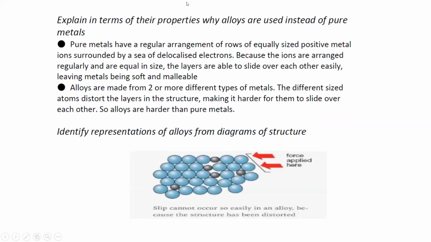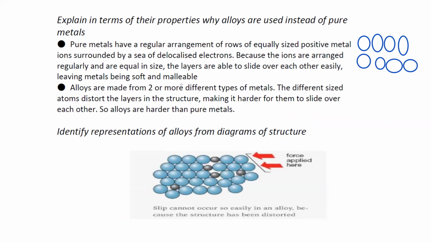Then what is the difference between a pure metal and an alloy? A pure metal is highly malleable because a pure metal contains the same size of ions in the lattice. So when ions of the same size are there, they can easily slide over each other.